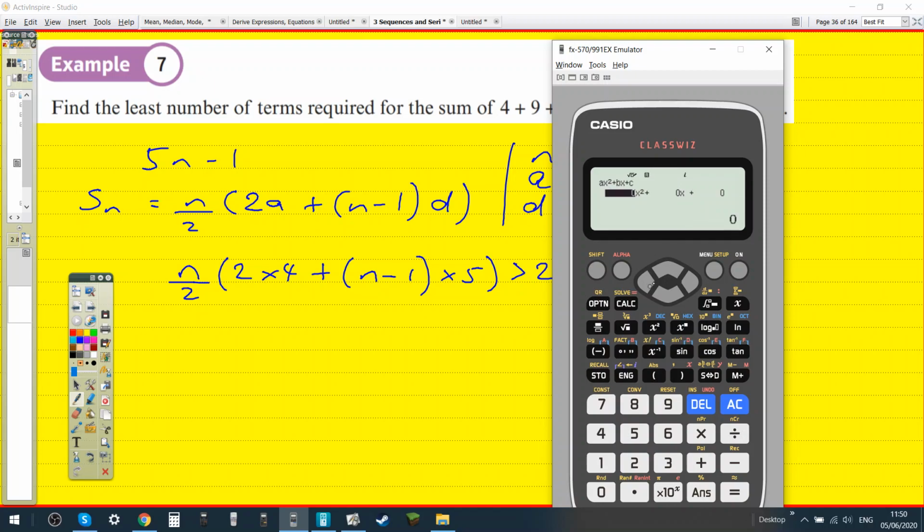On the calculator, is there actually a way to do an inequality? Only for quadratics, unfortunately. So for this one, I have to do x over 2, x minus 1, times 5, equals 2000.